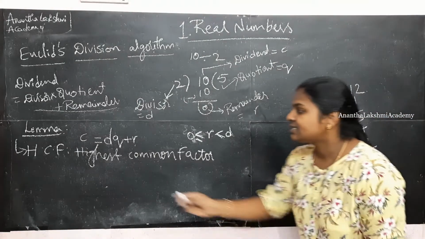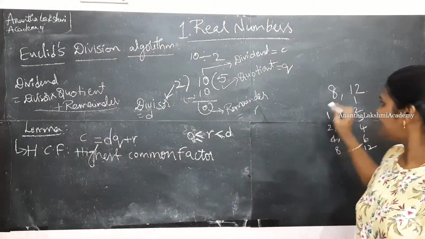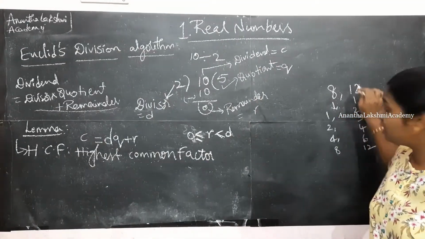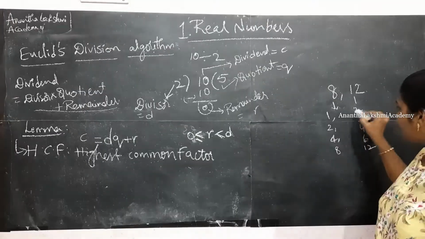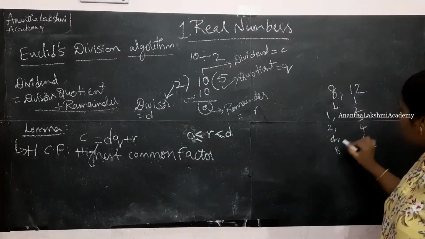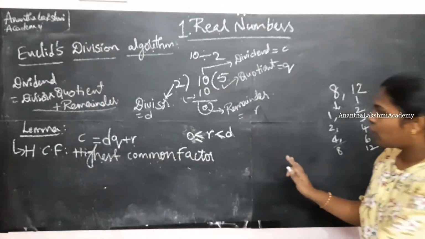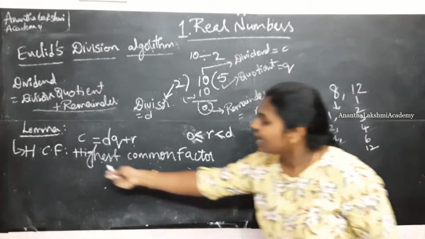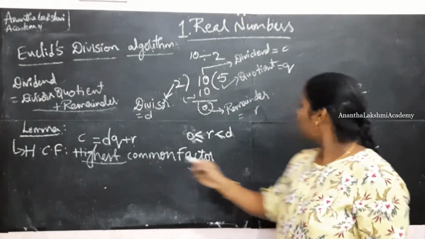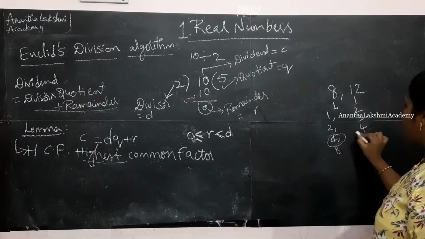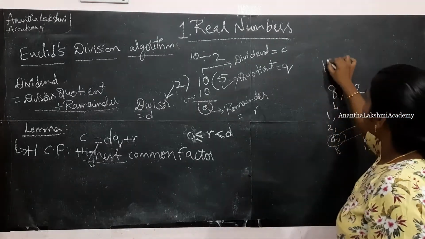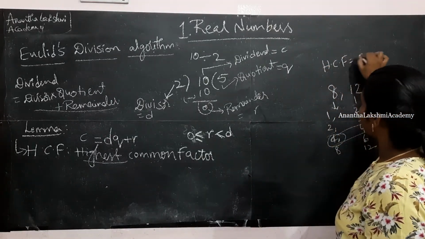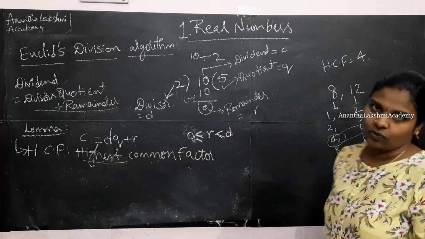So highest common factor, when I say HCF of 8 and 12, what are common in between these two? In between the factors, 1 is common, 2 is common, 4 is common. Among the common factors, they want the highest one. So what is the highest one? 4. Isn't it? The HCF of 8 and 12 as per our regular process becomes 4.